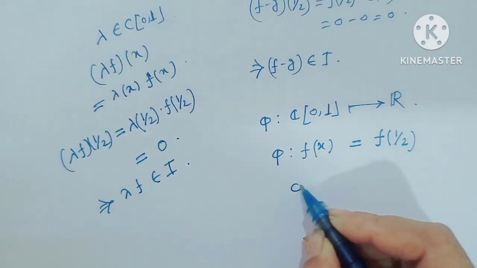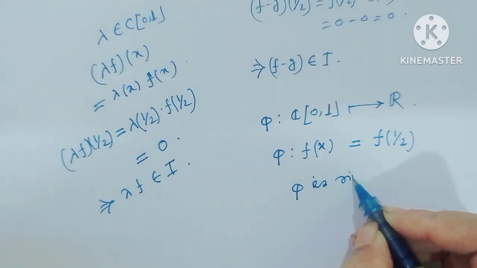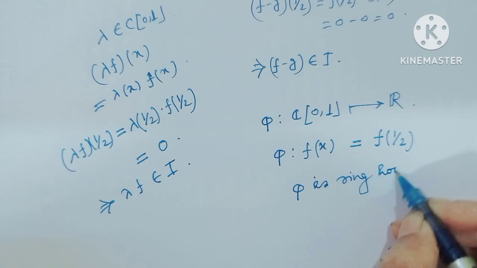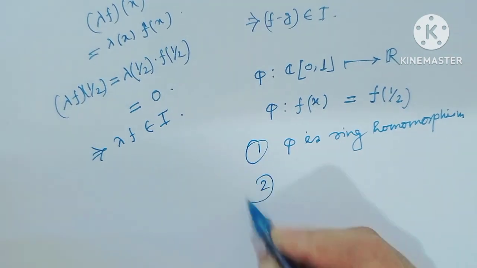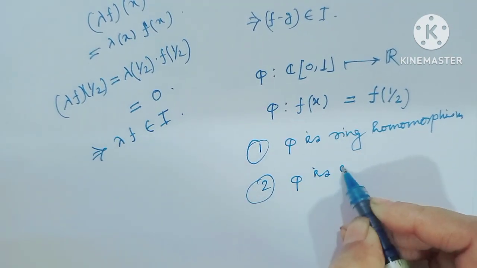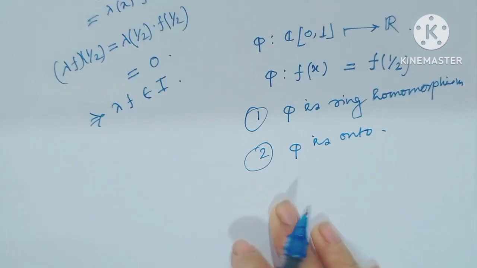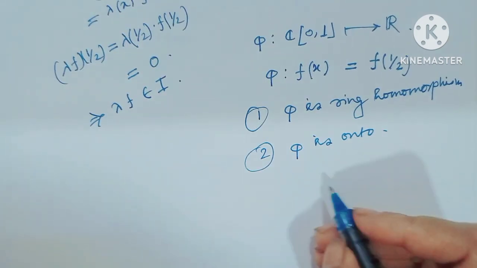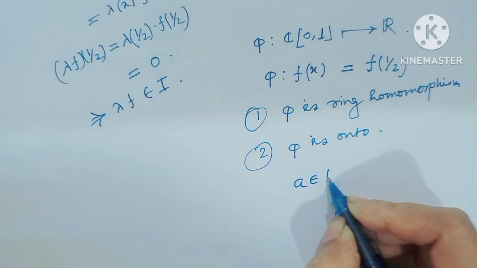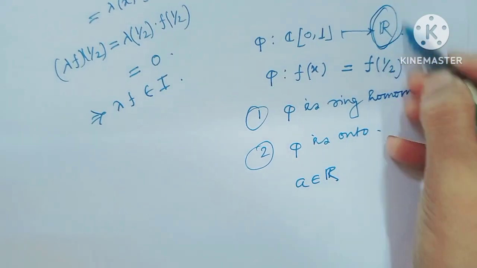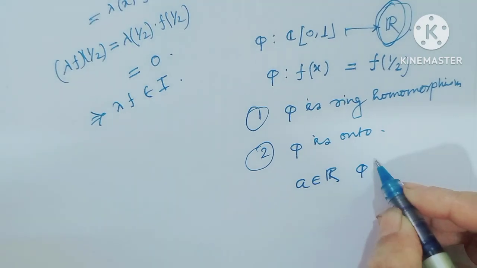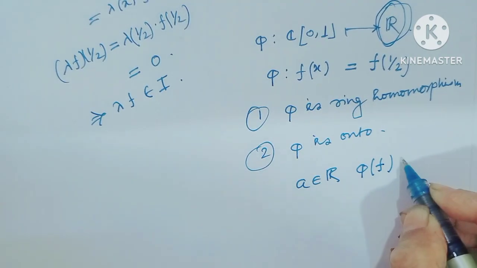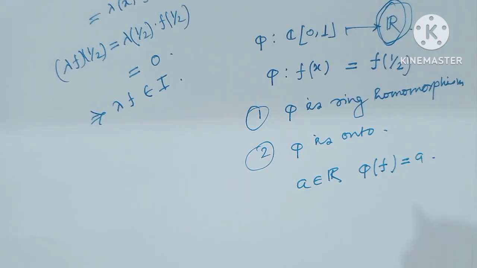Also, phi is a ring homomorphism. Also, phi is onto. For onto, consider a belonging to the real numbers, any a from the real numbers, such that we have to prove phi of f equal to a.